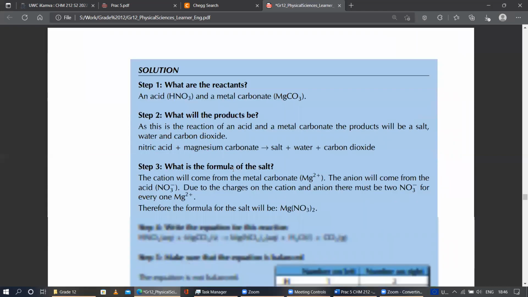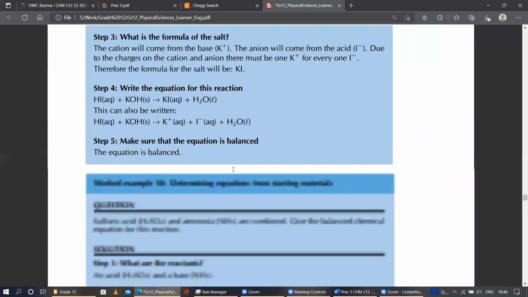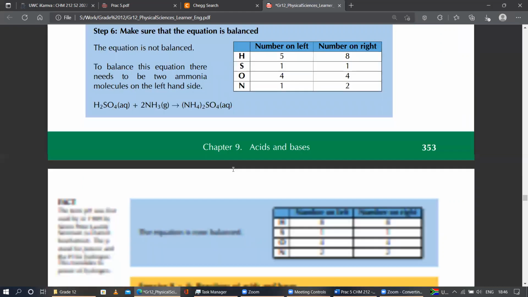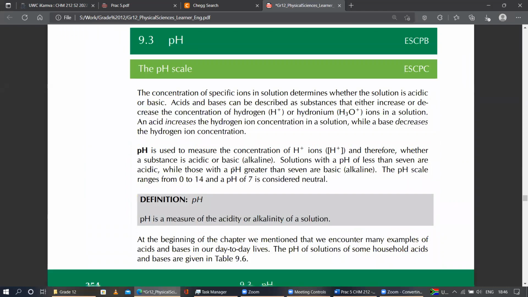So what's the next reaction? Here now, this is where we come to the pH scale.